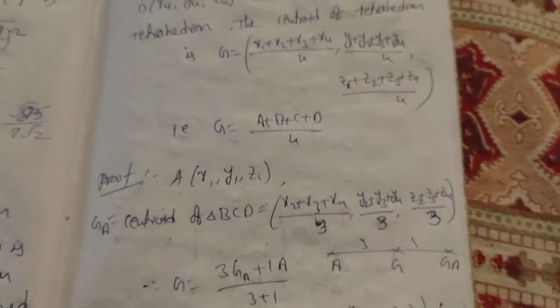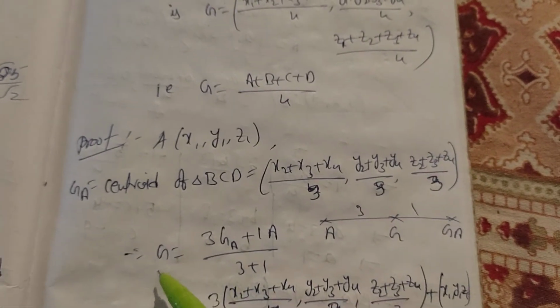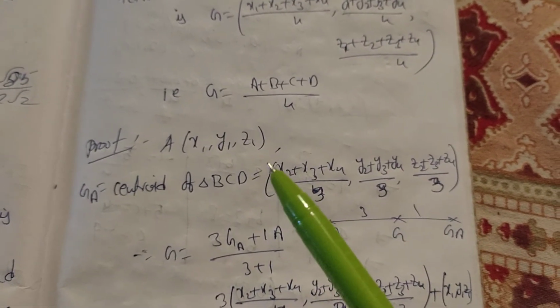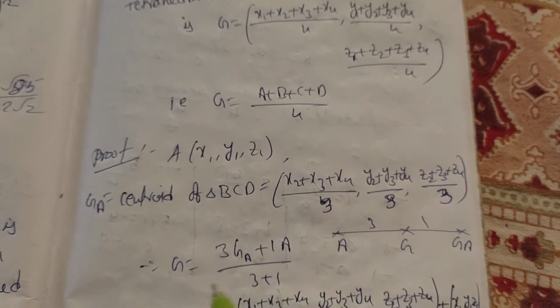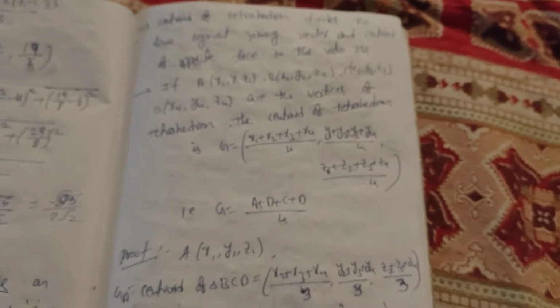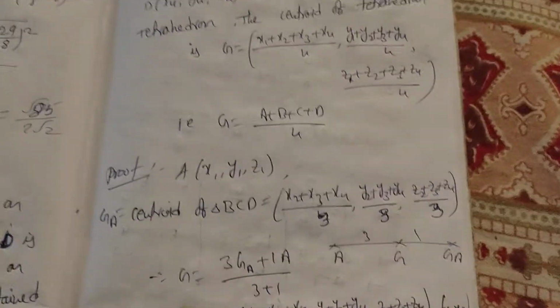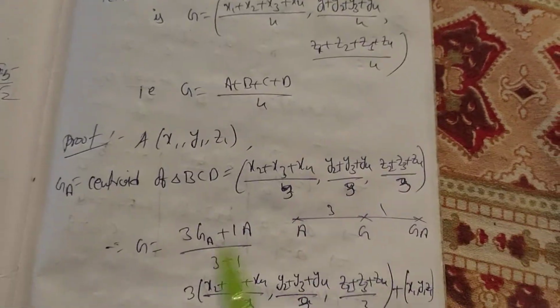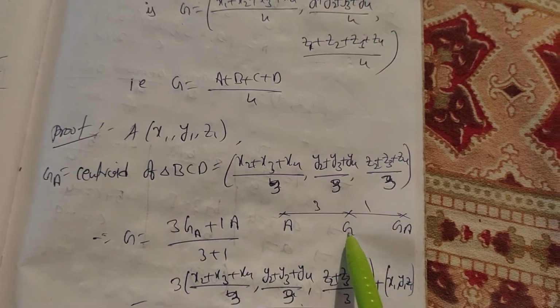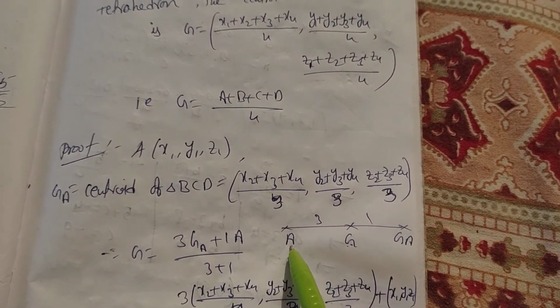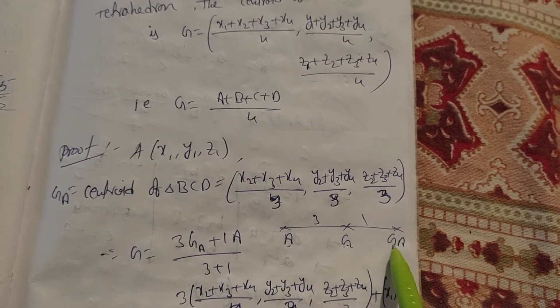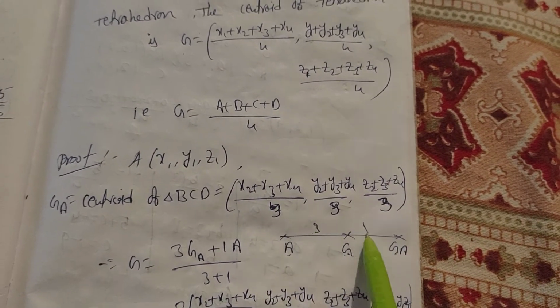Now we want to find G. Here G is not the centroid of triangle ABC; here G is the centroid of the tetrahedron. G is the center of the tetrahedron, which means this centroid divides the vertex A and the centroid of the opposite face in the ratio 3 is to 1.